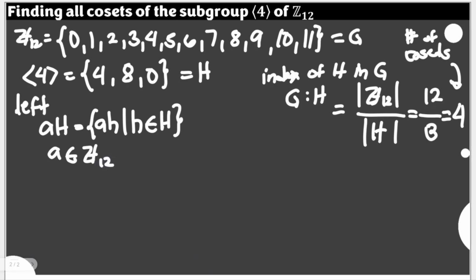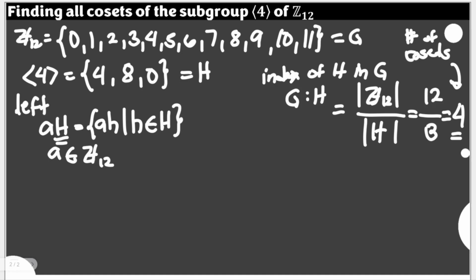This means we are going to operate all elements of our Z12 with all elements of our H. Whatever the result is, that's the coset. Take note that we have 12 elements, but why are there only 4 cosets? We're going to check it as we move forward.